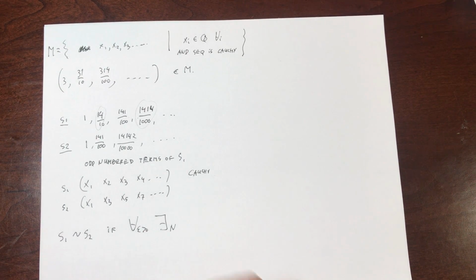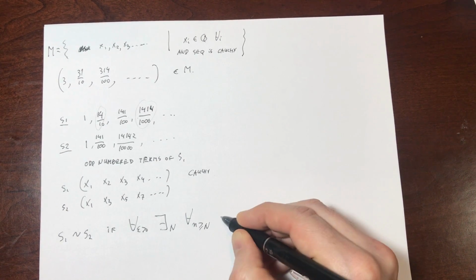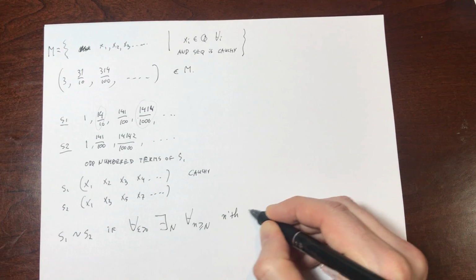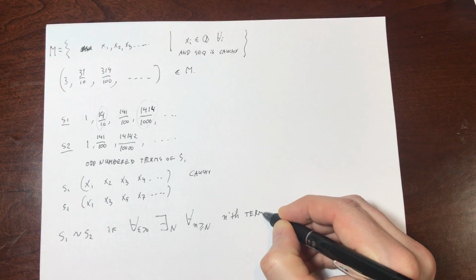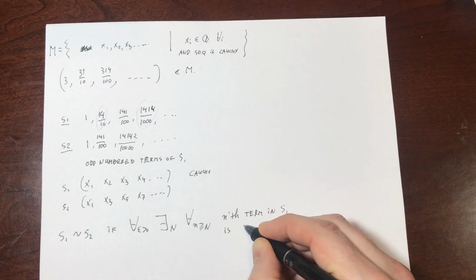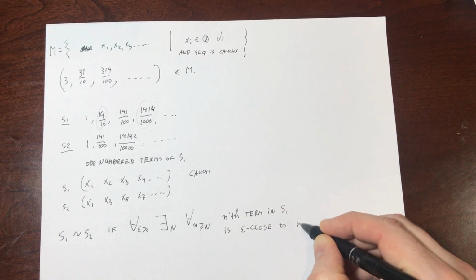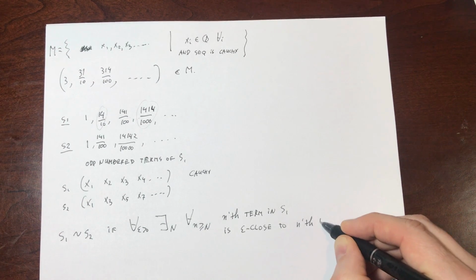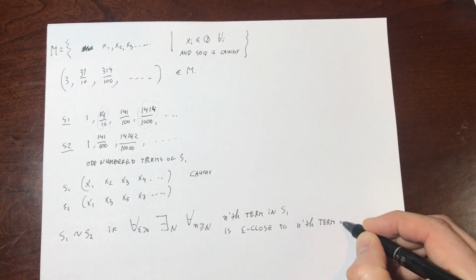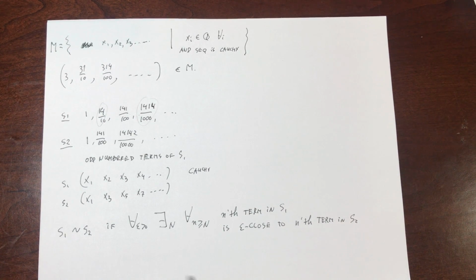So that for every n greater than or equal to capital N, the nth term in sequence 1 is epsilon close to the nth term in S2.